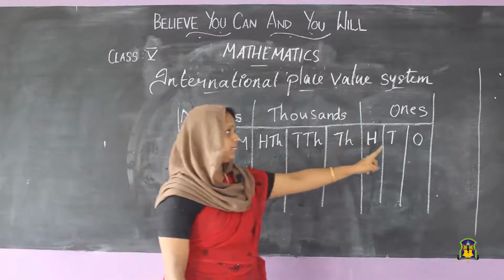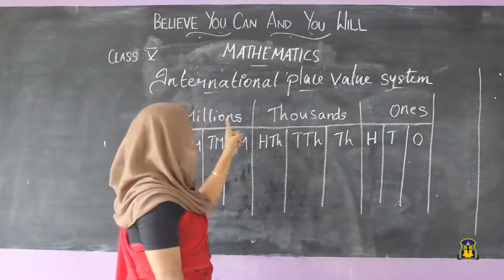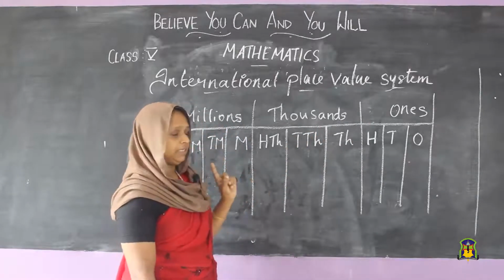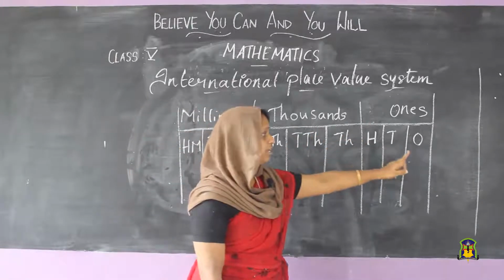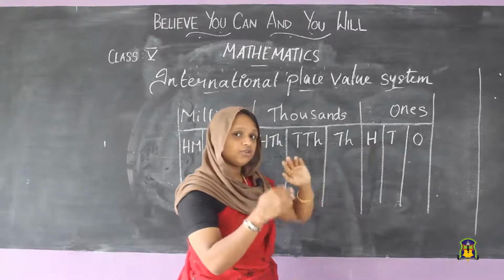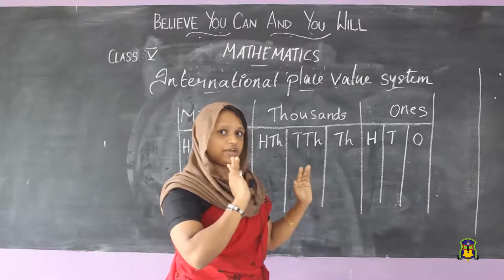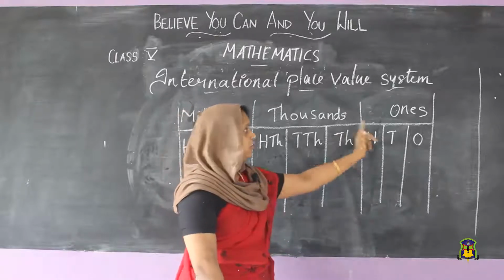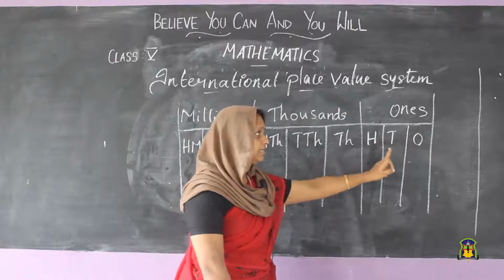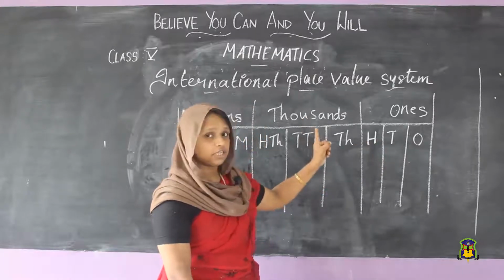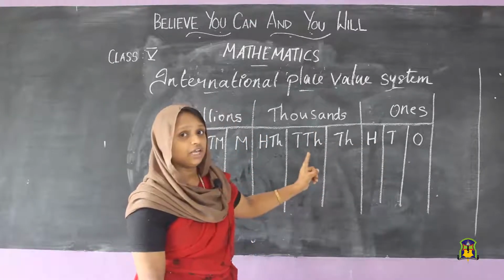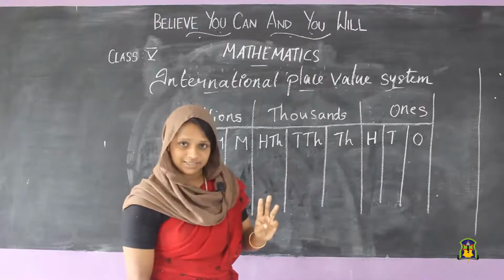So, ones period, thousand period and also million period. Ones period has ones, tens and hundred, which is almost the same as in the Indian place value system. Then comes thousand, 10,000, 100,000, three places each.